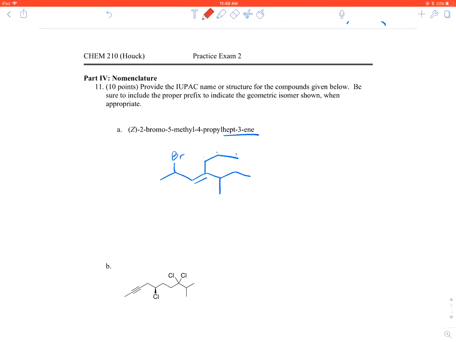So looking at my high priority groups, let's draw this in half. So this is high priority here, and then we have carbon and carbon. So what's attached? C, C, H, and C, H, H. So this is my group. This as drawn is Z. So let me fix it.